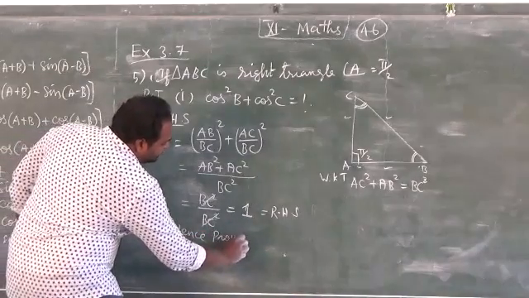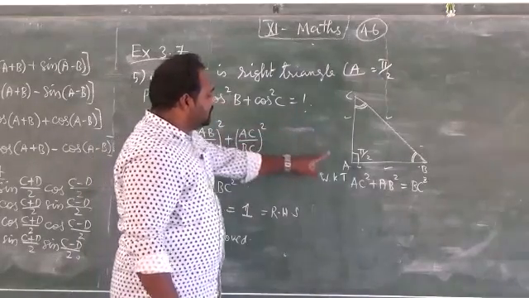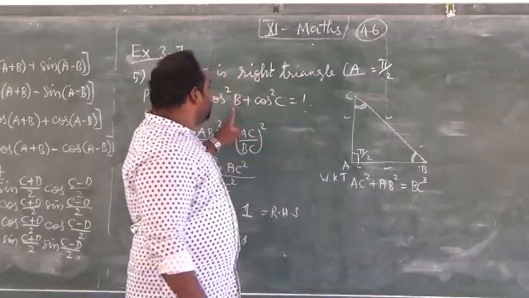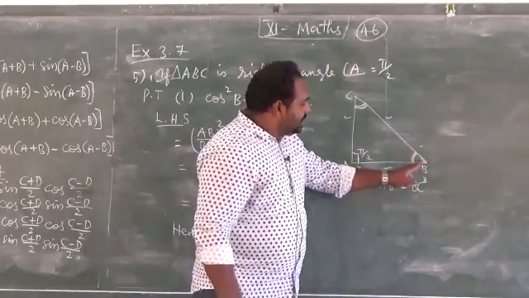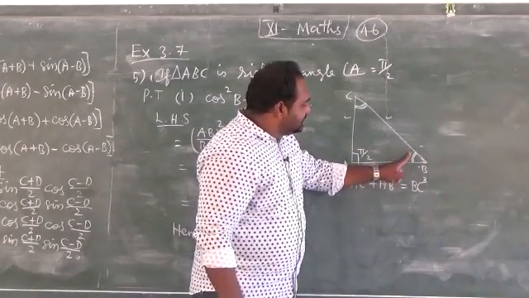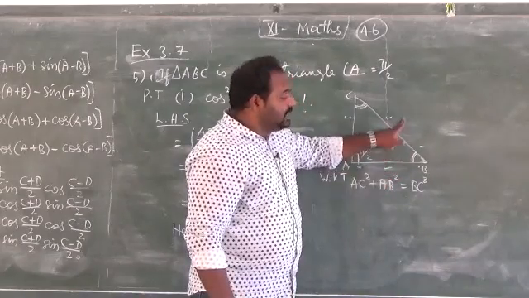proved. Once again I will explain this problem. Cos square B plus cos square C. So here directly given angle A is 90 degree. So cos square B. If you take angle as B, if it is theta, what is the cos function? Adjacent by hypotenuse.